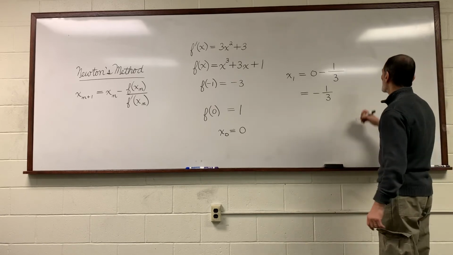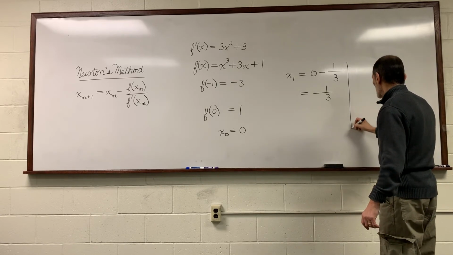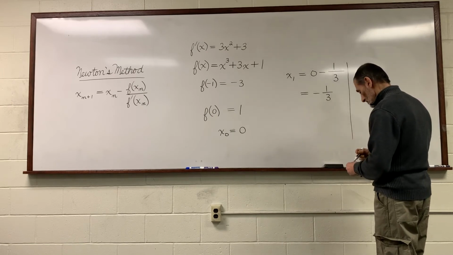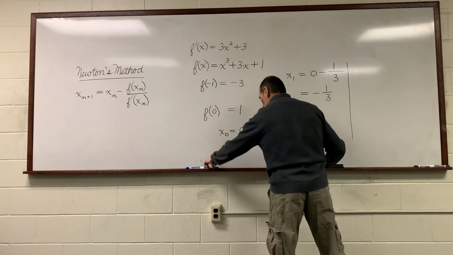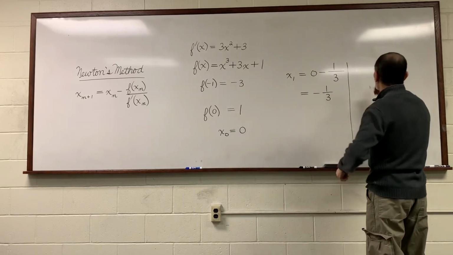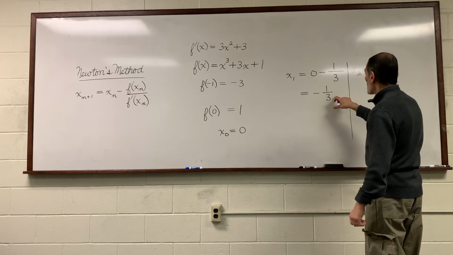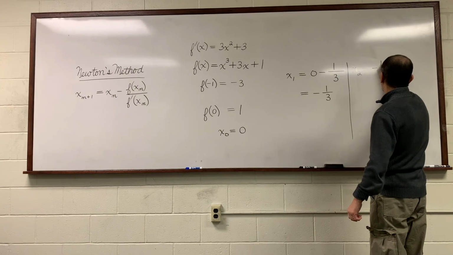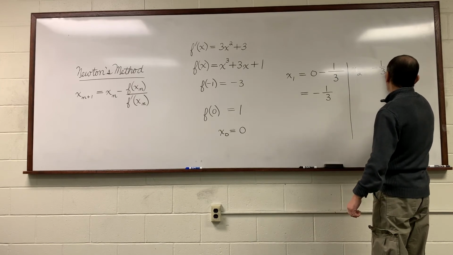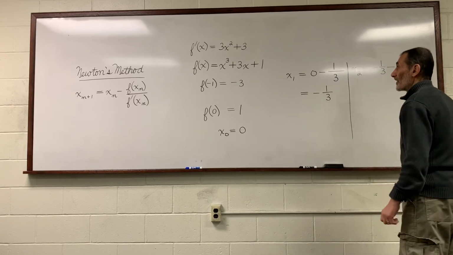All right, let's do one more and then we'll wrap up. Let's do x sub 2. x sub 2 is x sub 1 minus f of x sub 1.